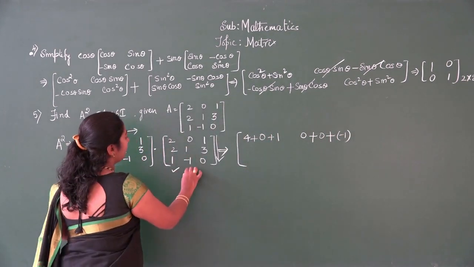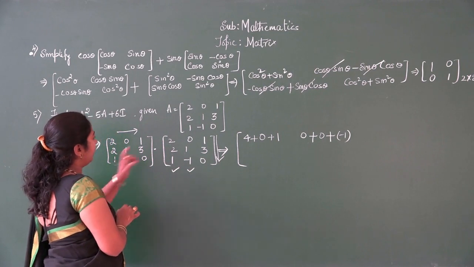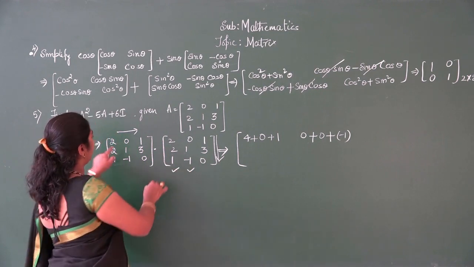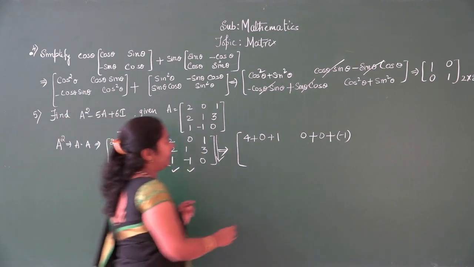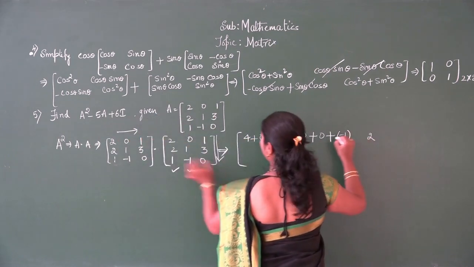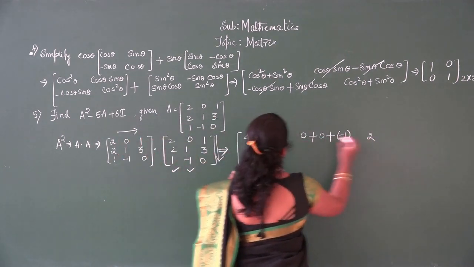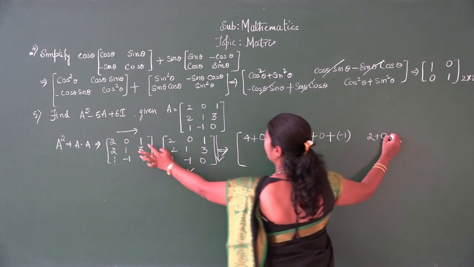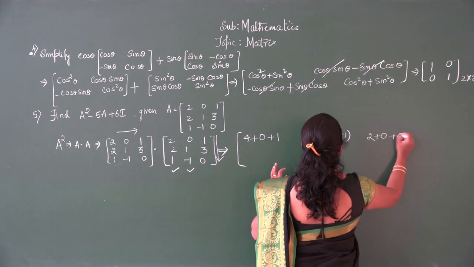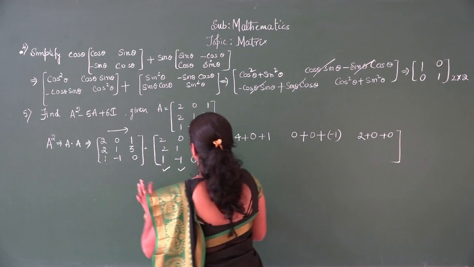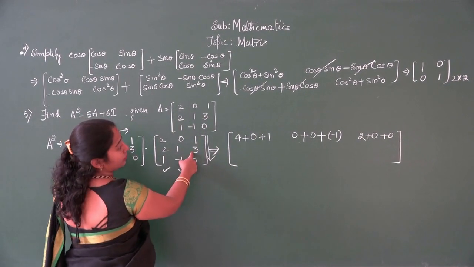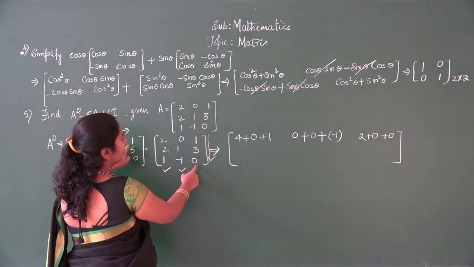Similarly for the third column, 2 into 1 is 2, 0 into 3 is 0, 1 into 0 is 0.